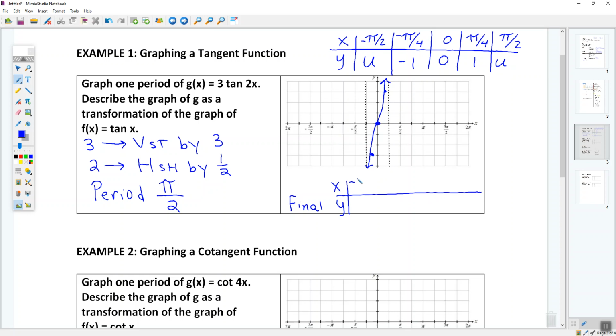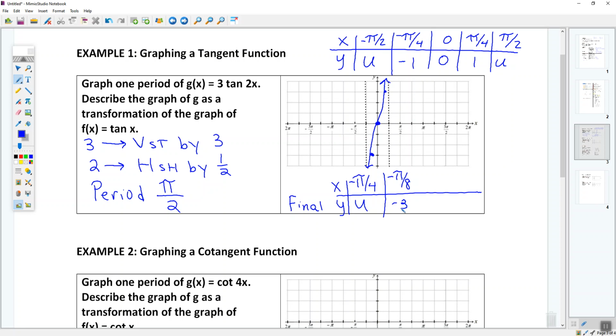So when we were at negative pi over 4 now, graph was undefined because everything was moved in horizontally. There was a horizontal shrink. We shrunk that distance down horizontally. Okay? Then we said this was, what was that, negative pi over 8, Cora? Is that what we said? I think that's what you said, right? And then this would be a negative 3.